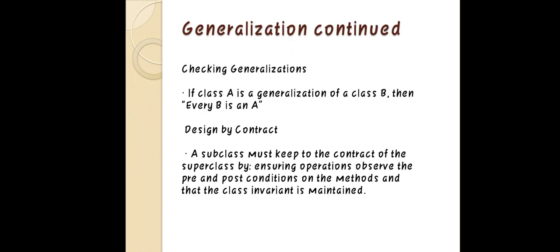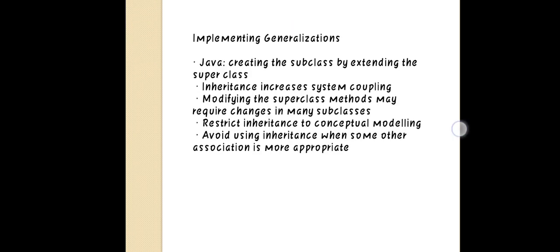Generalization continued. Checking generalization: if class A is a generalization of class B, then every B is an A. Design by contract: a subclass must keep to the contract of the superclass by ensuring operations behave within the pre and post conditions on the method and that the class invariant is maintained.